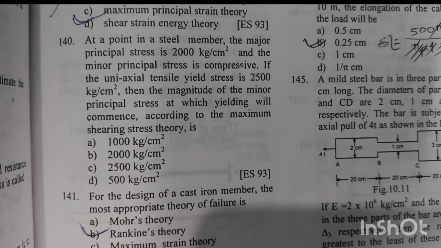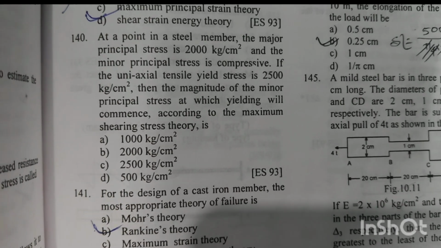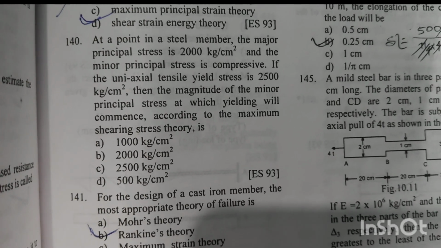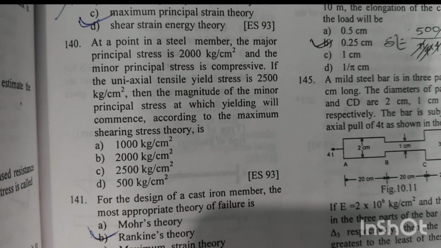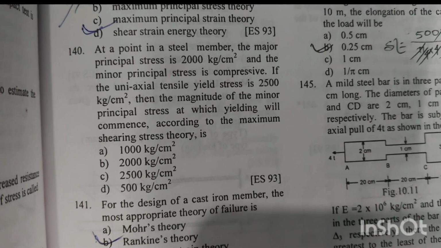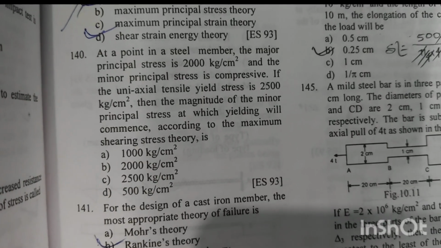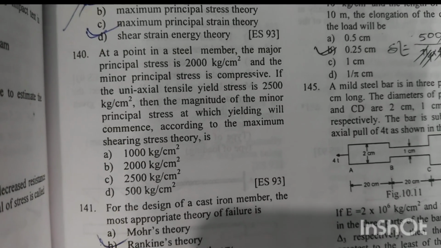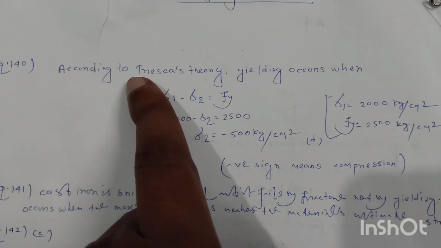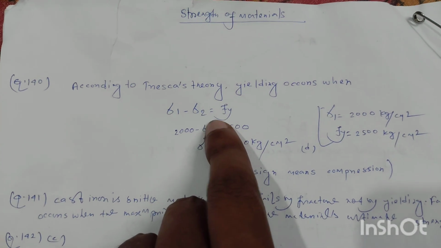Number 140. At a point in a steel member, the major principal stress is 2000 kg per centimeter square and the minor principal stress is compressive. If the uniaxial tensile yield stress is 2500 kg per centimeter square, the magnitude of the minor principal stress at which yielding will commence according to the maximum shearing stress theory is. According to Tresca's theory, yielding occurs when sigma 1 minus sigma 2 equals Fy.